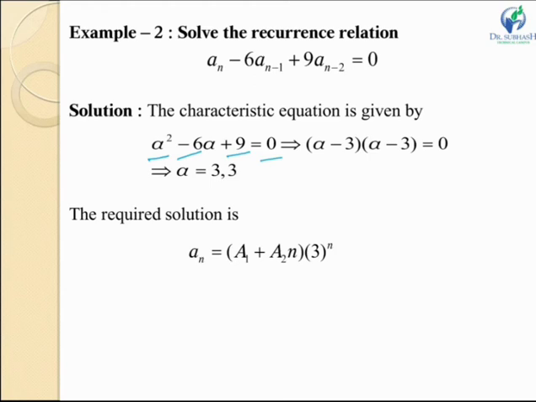And by splitting the middle term, we can write here (alpha minus 3)^2 equal to 0. So from this we get alpha equal to 3 and 3. So these are again real and repeated. So we can write a_n equal to (a1 plus n a2) times 3 raised to n.